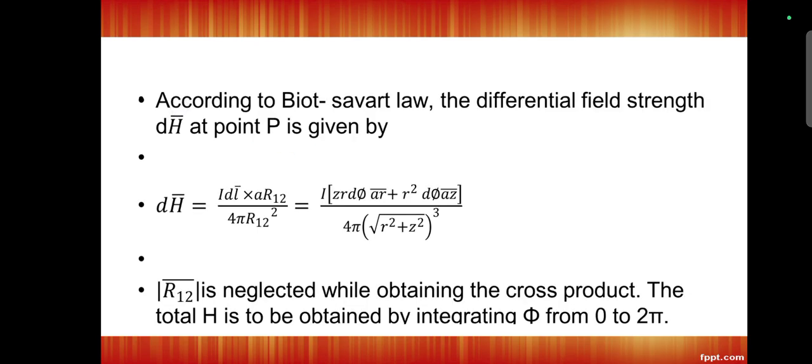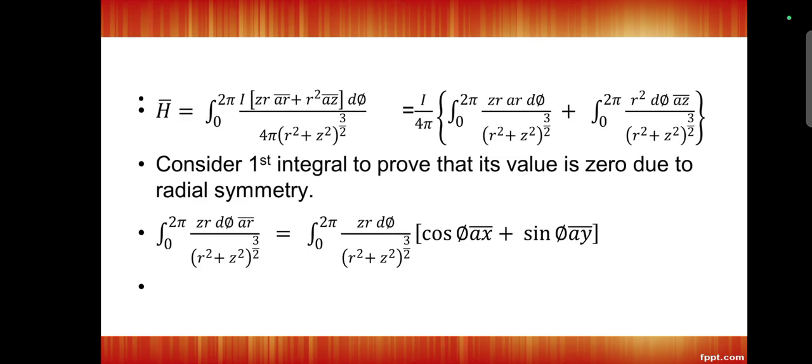According to the Biot-Savart law, the differential field strength dH at the point P is given by dH equals I dl cross a r12 divided by 4 pi r square. Here r12 is neglected while obtaining the cross product. The total H is obtained by integrating phi from 0 to 2 pi.